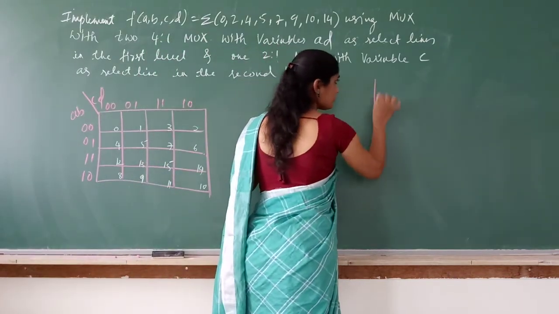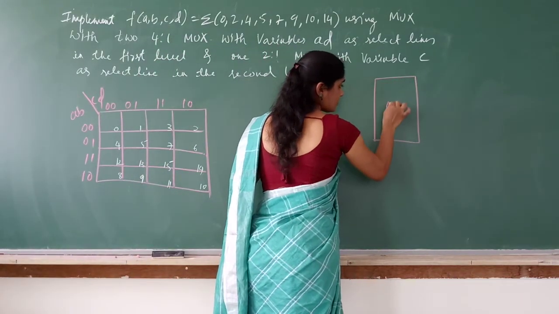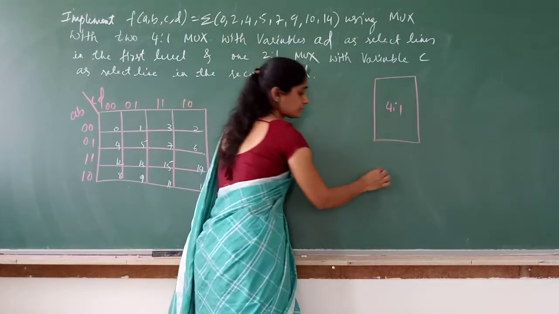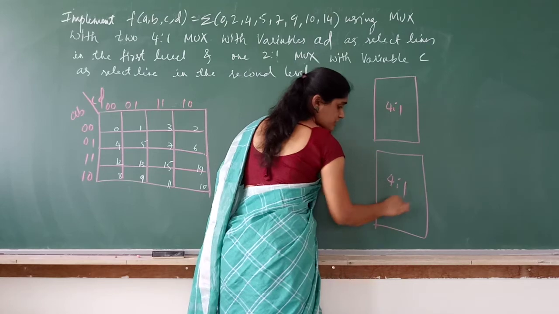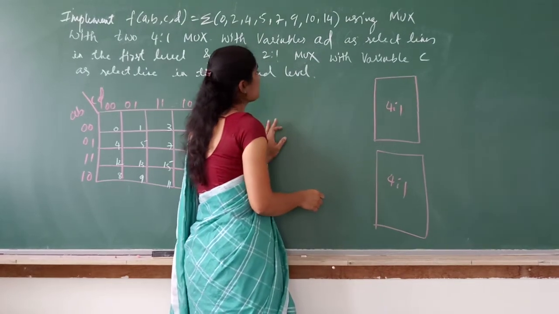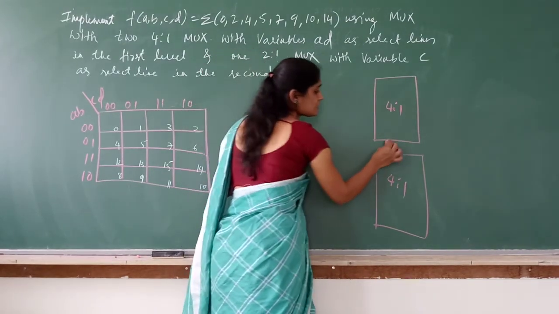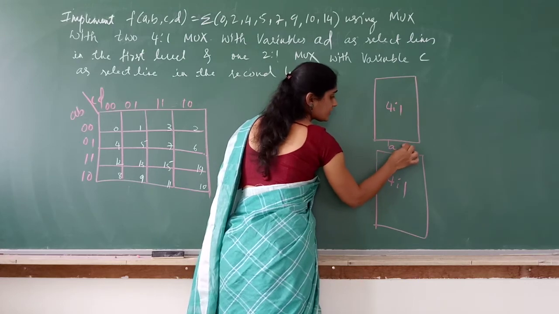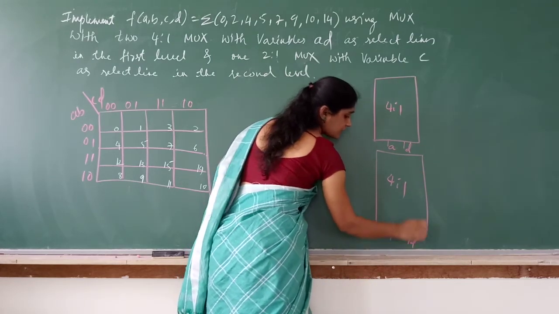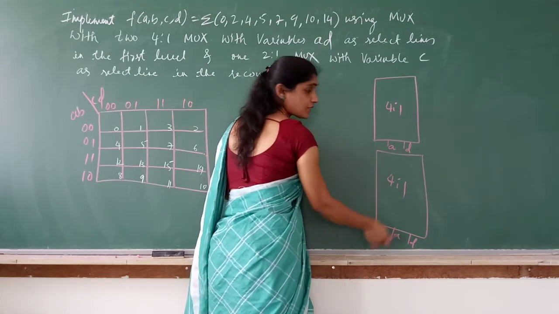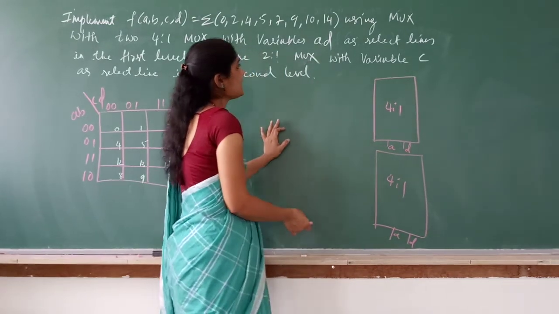So A, D, A, D, same. AD both are same here. Okay. AD as select line.